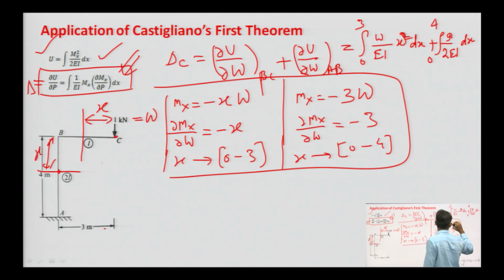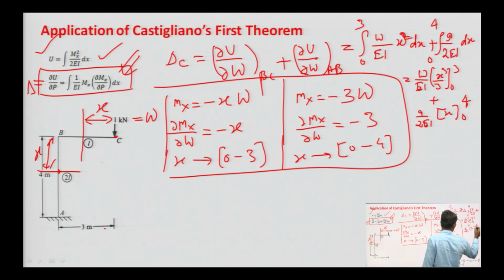So, let us integrate this. It is equal to w by E I into x cube by 3 from 0 to 3, plus 9 upon 2 E I into x with limit 0 to 4. What are we getting?